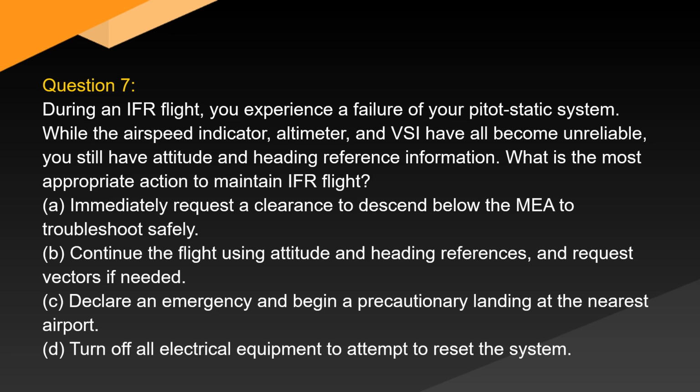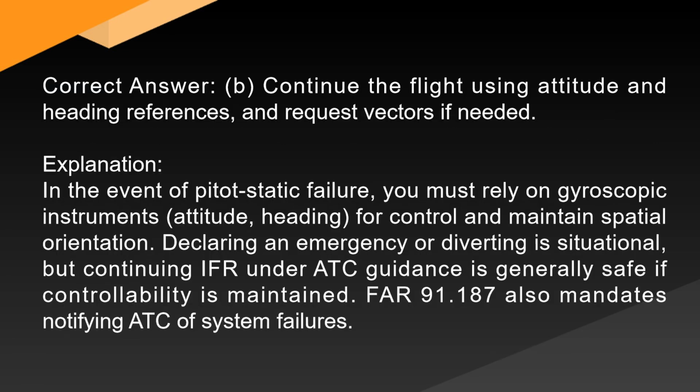B. Continue the flight using attitude and heading references, and request vectors if needed. C. Declare an emergency and begin a precautionary landing at the nearest airport. D. Turn off all electrical equipment to attempt to reset the system. Correct answer: B. Continue the flight using attitude and heading references and request vectors if needed.